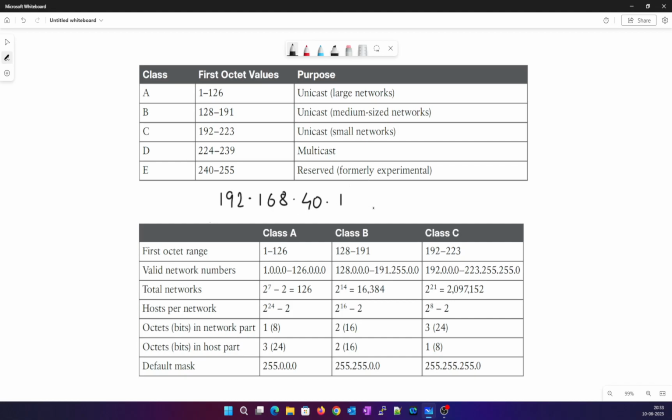Once we write an IP address in a command, we also write after it something called the address mask.